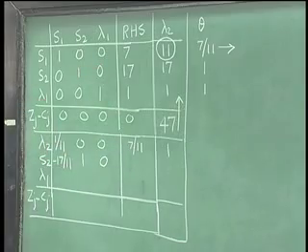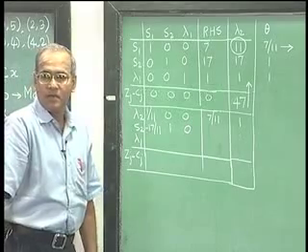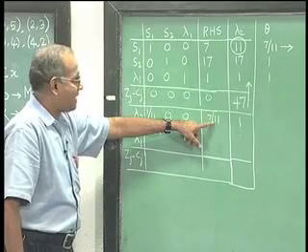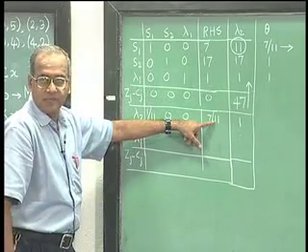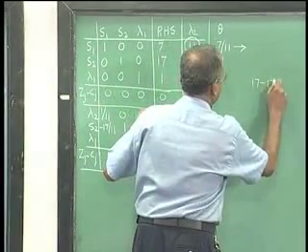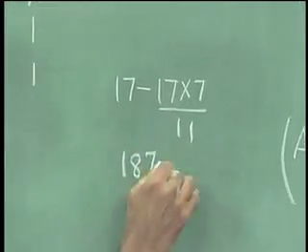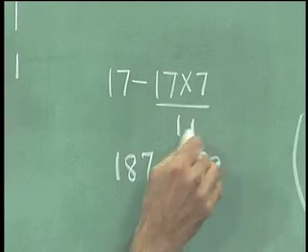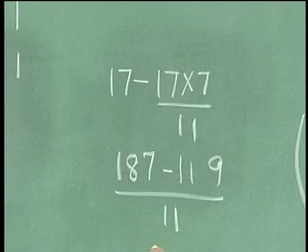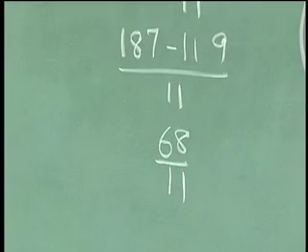So, 17 minus 119 by 11. 17 into 11 is 187 minus 119 by 11, which is 68 by 11. So, we get 68 by 11 here.